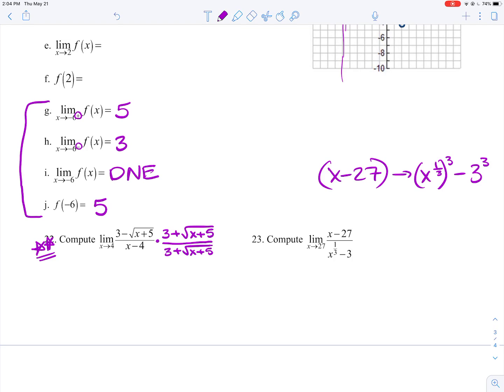If you were to rewrite this top one, it would be x to the 1/3 minus 3 times x to the 2/3 plus 3x to the 1/3 plus 9, all over x to the 1/3 minus 3. Now the nice thing is these are going to cancel, and then the problem becomes a lot simpler to solve. That was the challenge with this one, realizing you had to rewrite x minus 27 in terms of difference of cubes. So see what you can do with that practice.